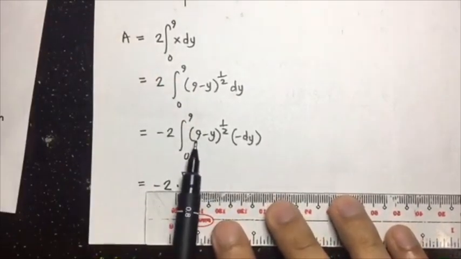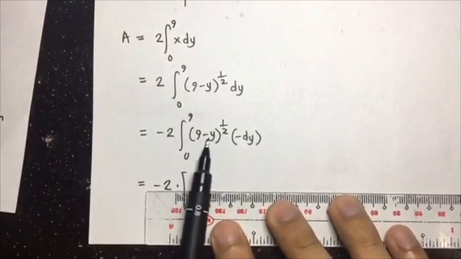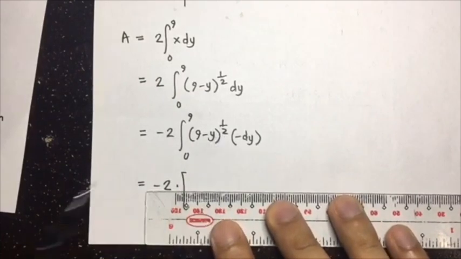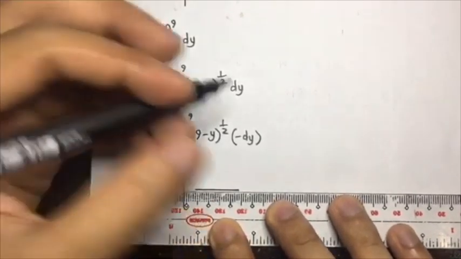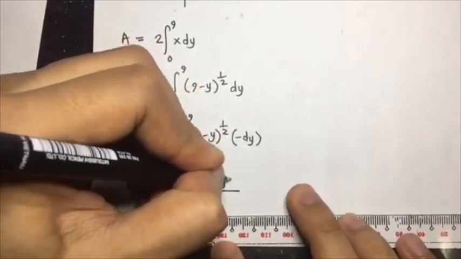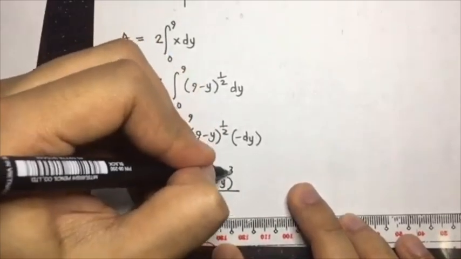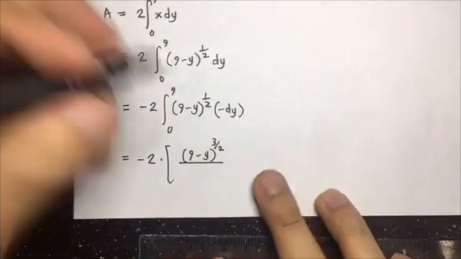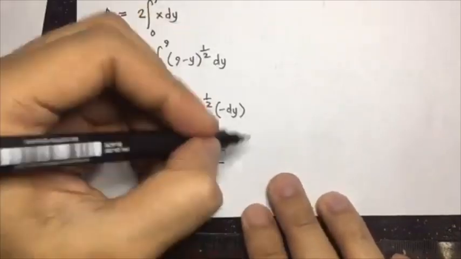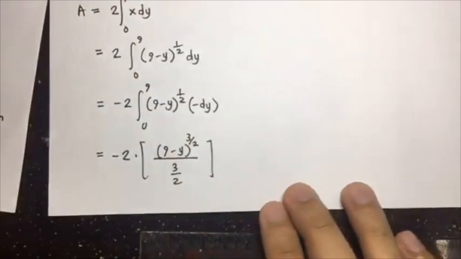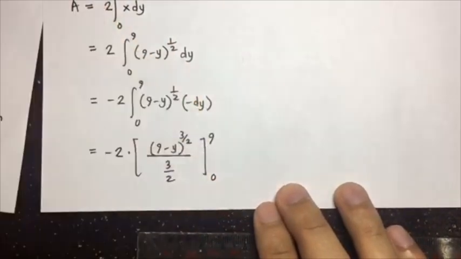Okay, so we can now integrate that. It will become negative 2 times, using the power formula, 9 minus y raised to 1/2 plus 1, so that is 9 minus y raised to 3/2 over 3/2, from 0 to 9.